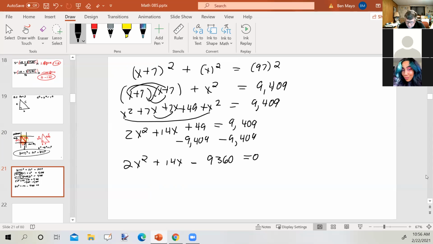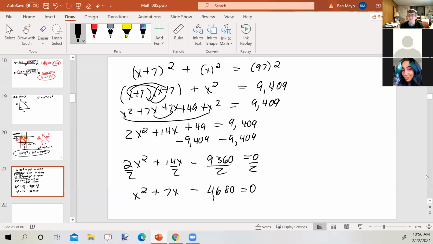I've got it in standard form. I could reduce it down. I could take a 2 out, so I'll divide everybody by 2, and I get x² + 7x minus, 9,360 divided by 2 is 4,680, equals 0.